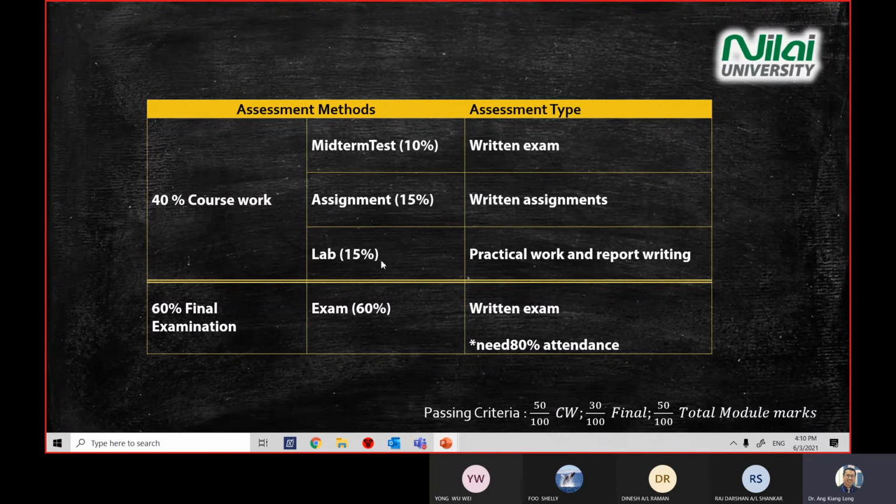It depends on the scenario we have in Malaysia. If we continue to lockdown, then we will give you some online material. Maybe we'll have a live-stream session where I go into the lab and conduct the experiment, and you follow along. Then 60% for your final exam.